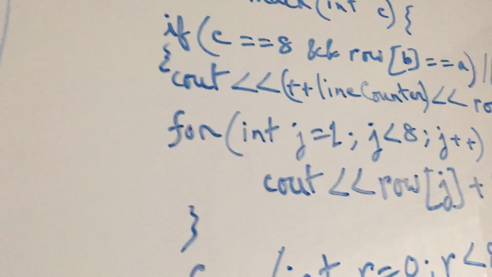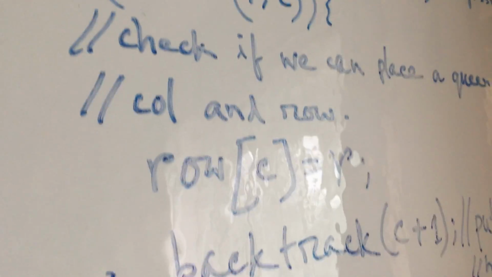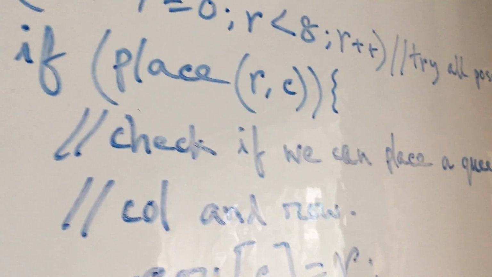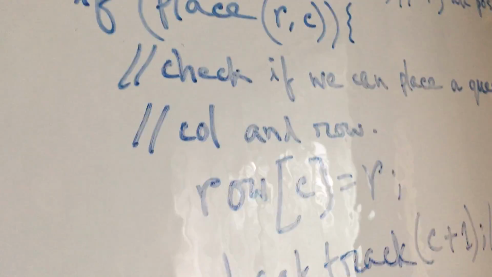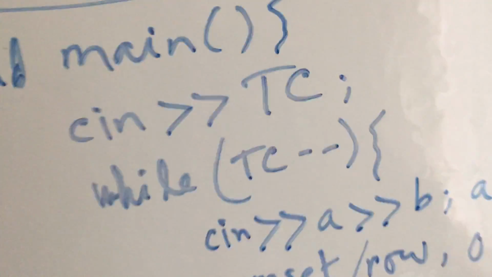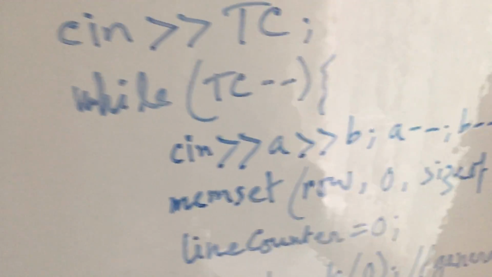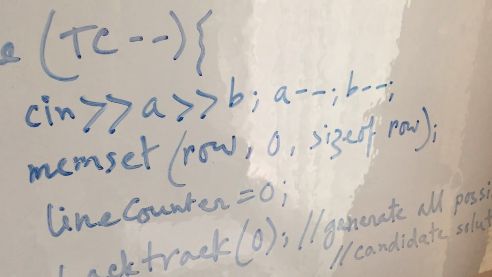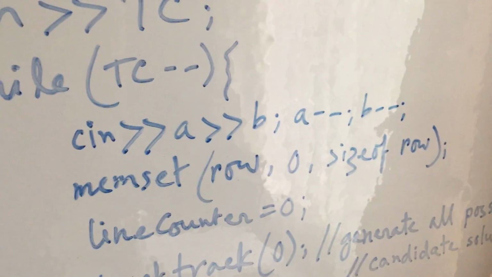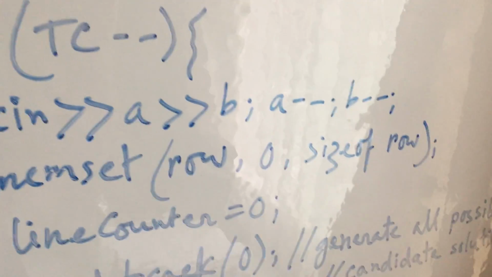So we iteratively loop through the 8 rows, and for that particular column position we loop through all the rows and check whether that particular queen can be placed in that row or column position. The main function takes the number of test cases that we want to run, and we take from the user the input of the rows and columns.